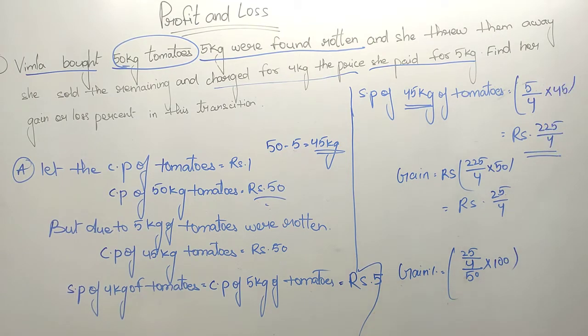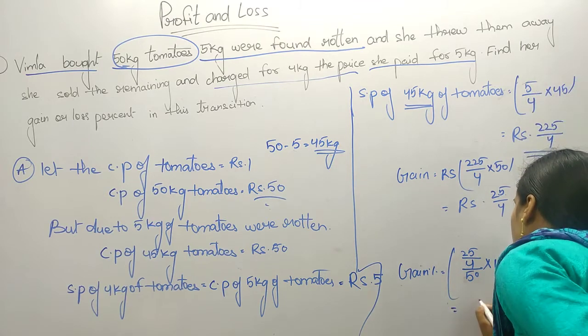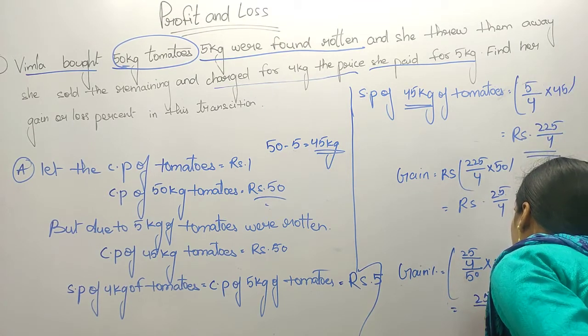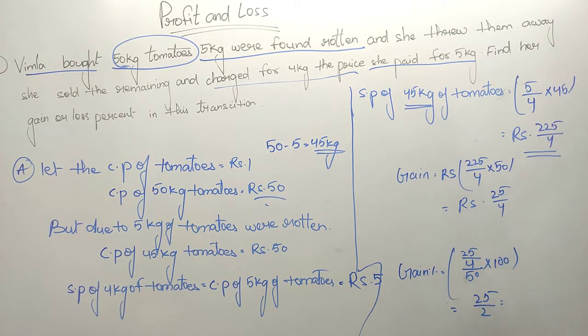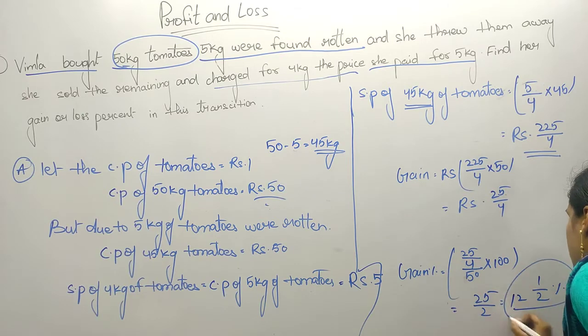By doing the cancellation, we get 25 by 2. By dividing 25 by 2, we get 12 whole 1 by 2 percent. This is the gain percent answer.